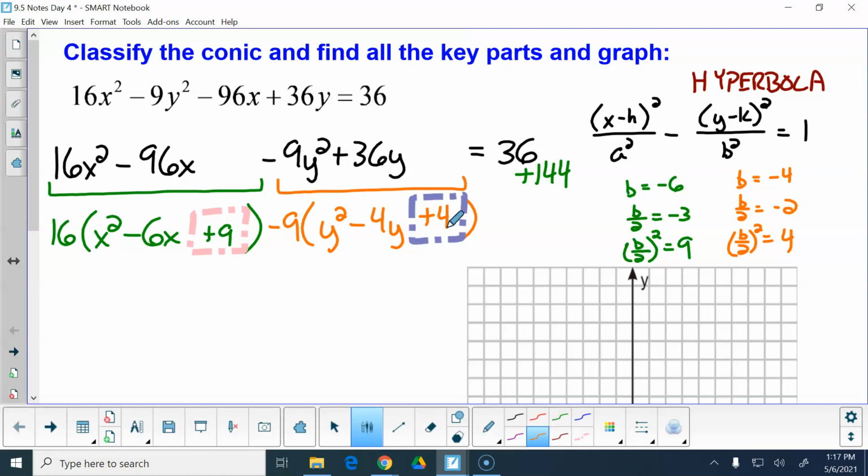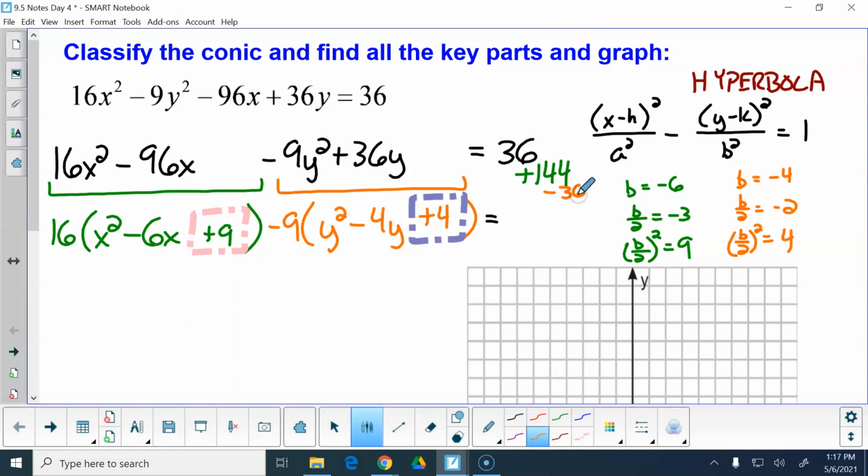So what do I have to add to the other side to get it back into balance? Good. Negative 36. Because it's being controlled by negative 9. Okay? So I have to subtract 36.